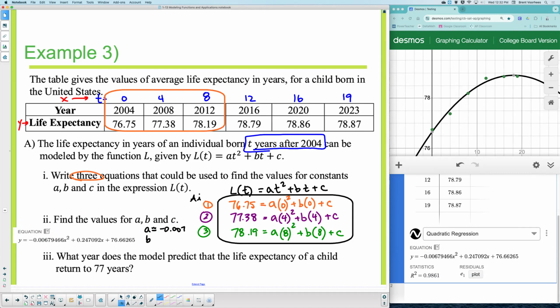Your B approximately is 0.247. And finally, C is approximately 76.663. That would get your second point.